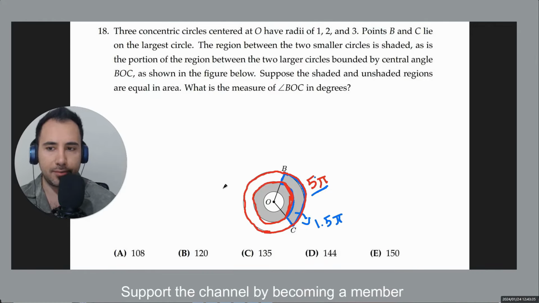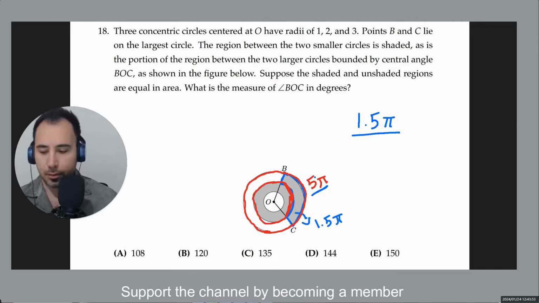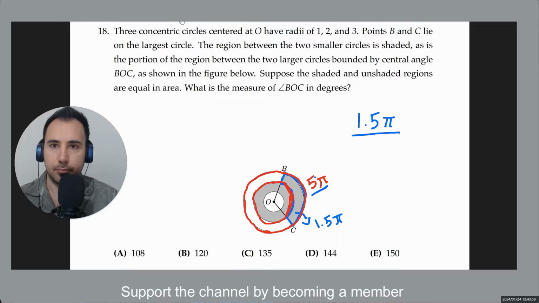All of this, all the big part, is 5 pi, the red one, and the blue part is 1.5 of it. So I could write it like this. So the ratio is going to be 1.5 pi over 5 pi, just like this. Now we need to simplify this.